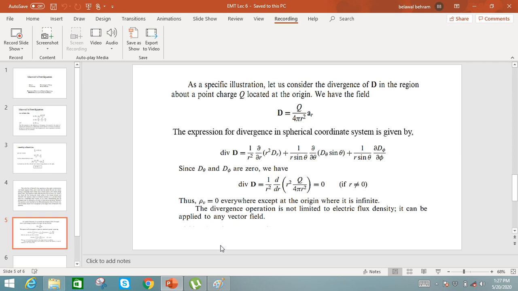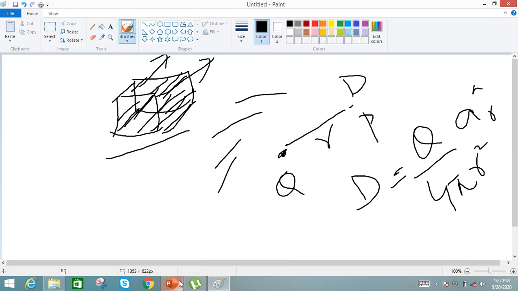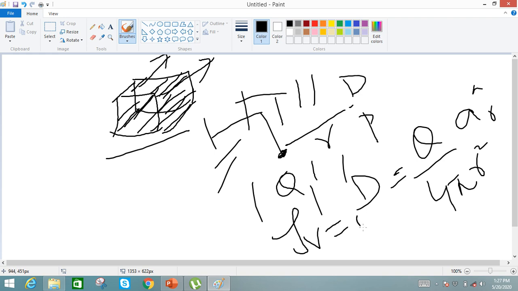Why is the divergence of the electric flux density d 0? Because the volume charge density here is 0, because we only have the point charge that is located at the origin. There are no other charges. If there are no other charges over the volume, the volume charge density rho v will be equal to 0.